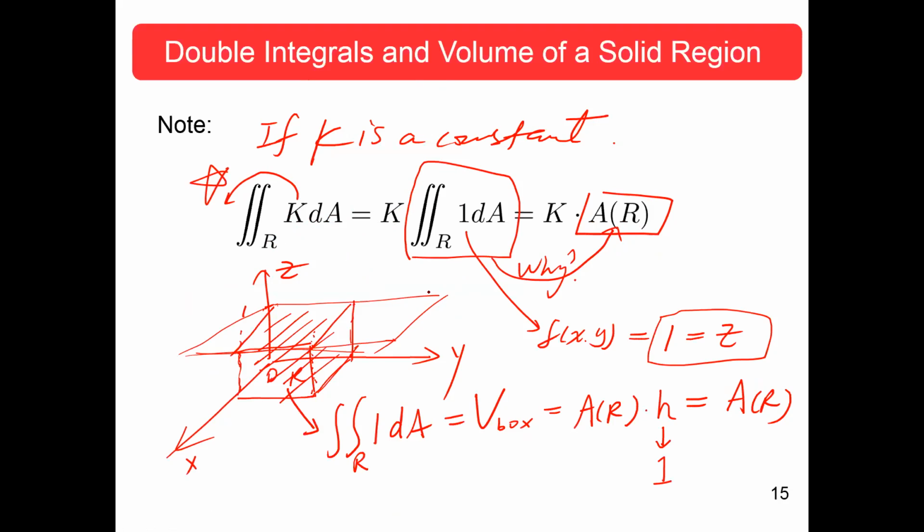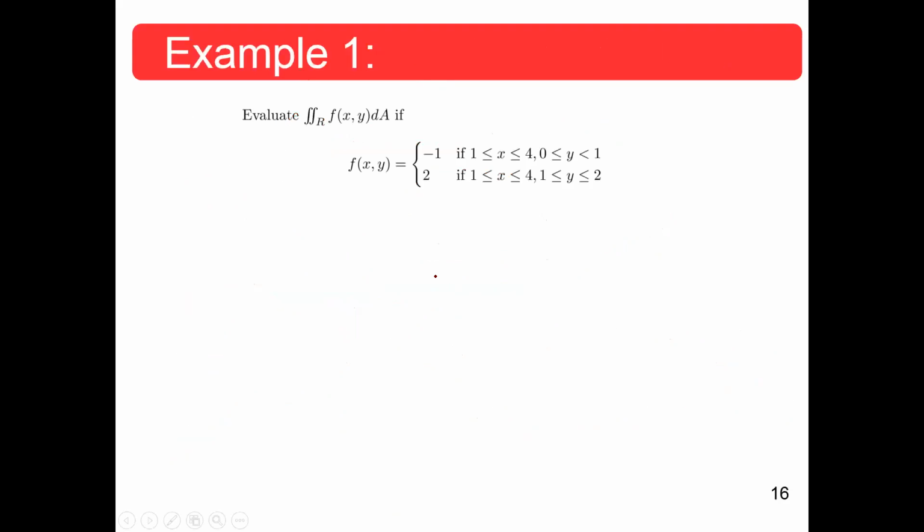Alrighty, let's do 2 exercises and then we're done today. Example 1: let's evaluate this double integral of f(x,y) dA over region R, if f(x,y) is a piecewise function. It has 2 pieces. The function value equals -1 if x is between 1 and 4 and y is between 0 and 1.